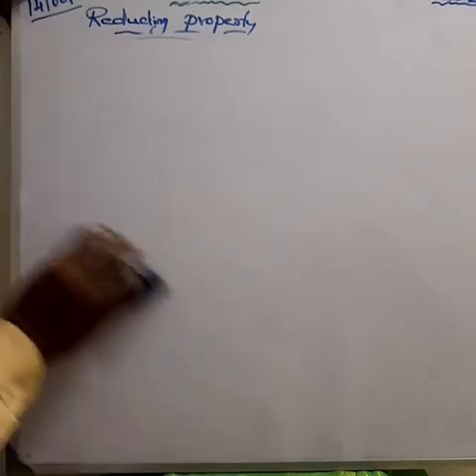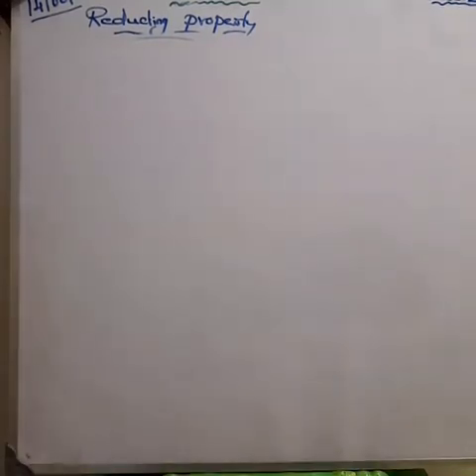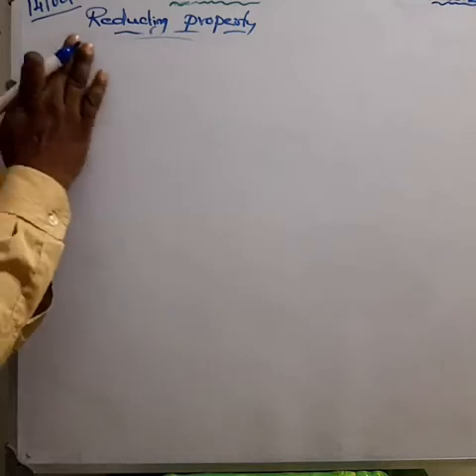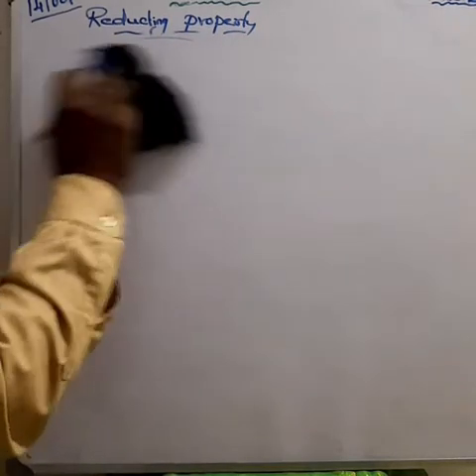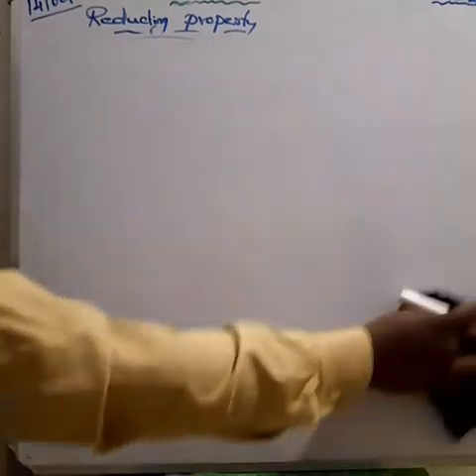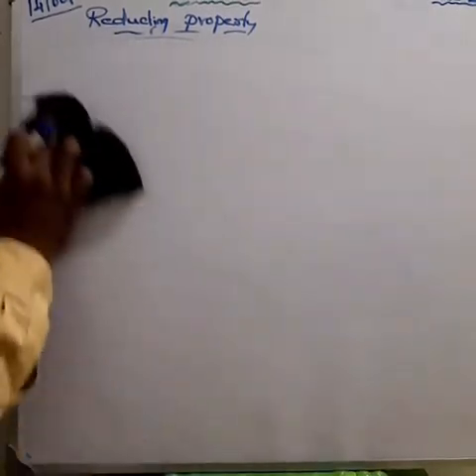CuSO4. When I am adding excess ammonia in the copper sulfate solution, we get a deep blue color. So one compound is obtained. What is that compound? [Cu(NH3)4]2+.